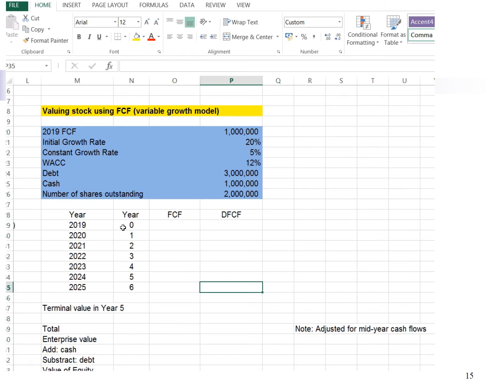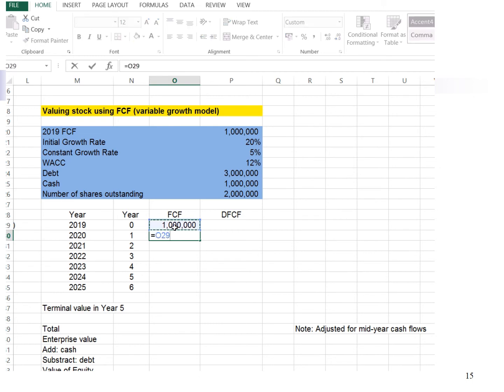The free cash flow for the current year 2019 is 1 million. I shall type equal, point this cell for 1 million. The free cash flow for year 1 or 2020 will be equal to last year's cash flow multiplied with 1 plus growth rate.